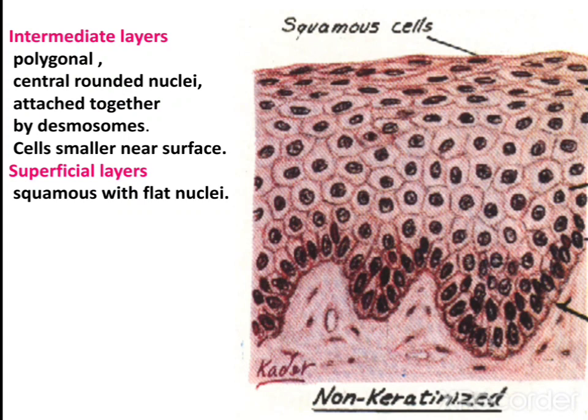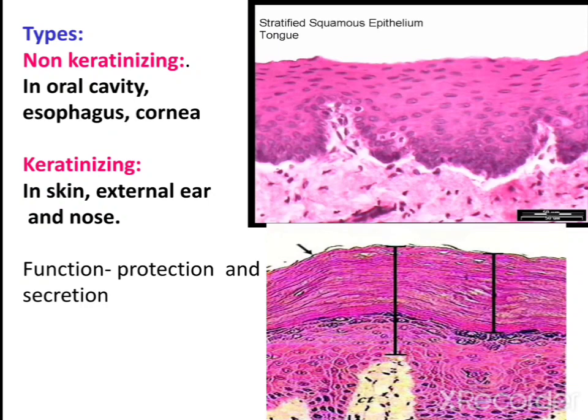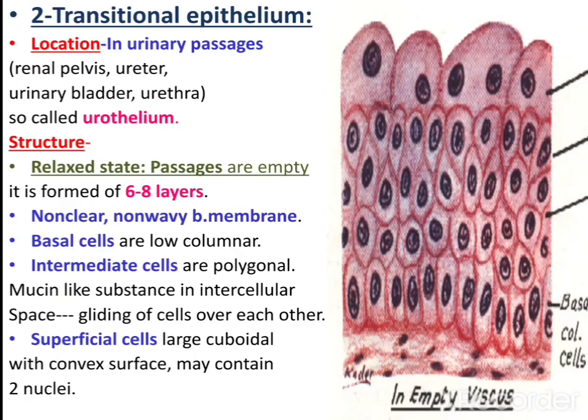Here we have no horny layer. So there are two types of stratified squamous epithelium: keratinized and non-keratinized. Non-keratinized is found in the oral cavity, in the esophagus, cornea, and keratinized is found in the skin, external ear and the nose. For both these locations the function is same, that is protection and secretion.